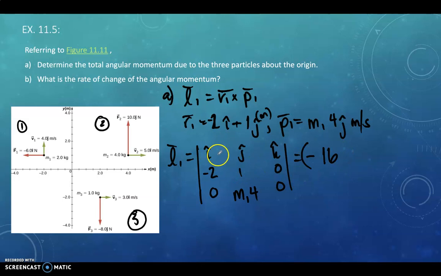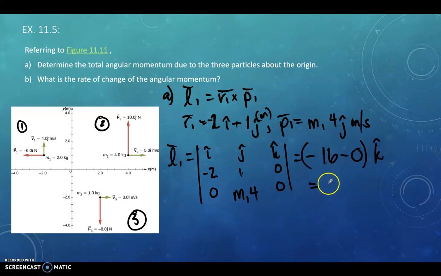We have 1 times 0 and 0 times a constant. j hat, we have zeros again, and then k hat's the only one that has non-zero values. So this is in the k hat direction.